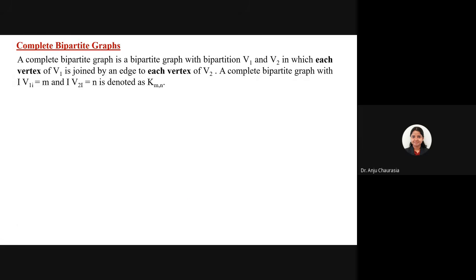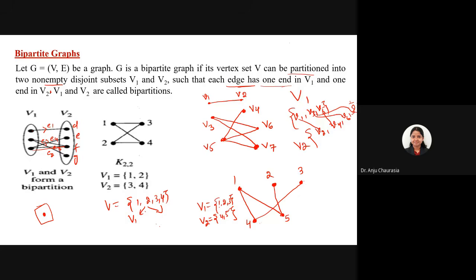So this type of condition applies for a complete bipartite graph. Because a complete bipartite graph is a bipartite graph with bipartition V1 and V2 in which each vertex of V1, that is important, should be connected by an edge to each vertex of V2. Means for a complete bipartite graph, I am just giving you an example. It should be connected from here also, it should be connected from here also, meaning all vertices should be connected.